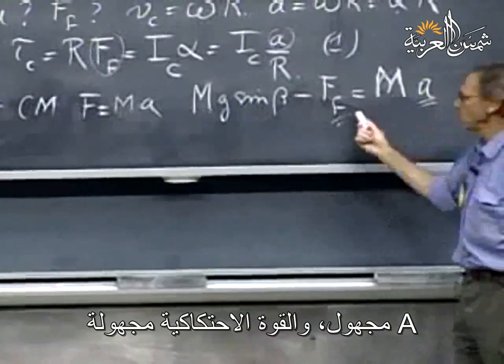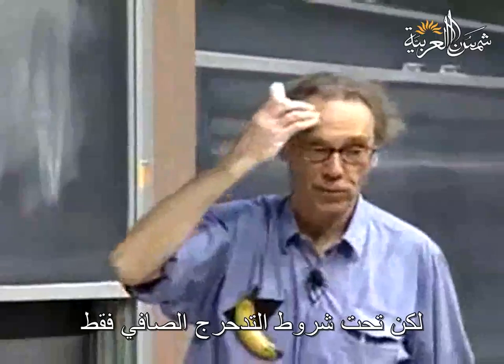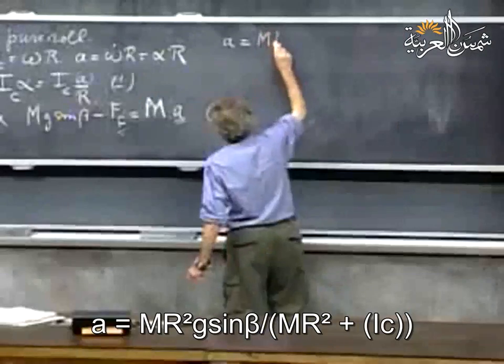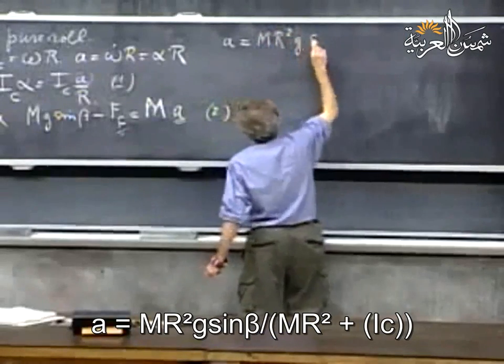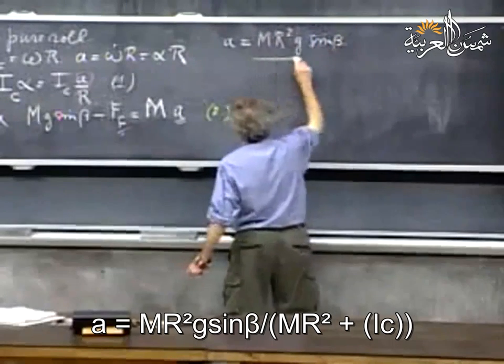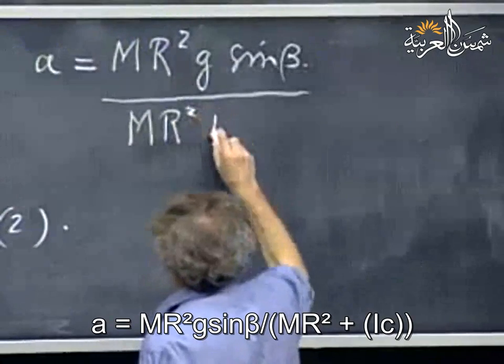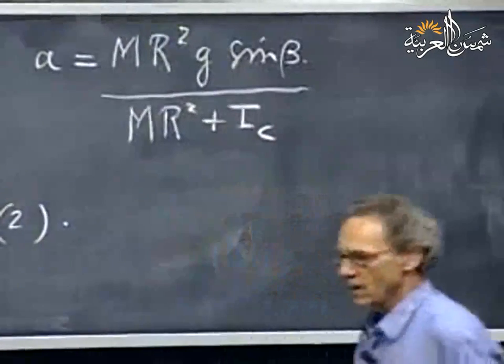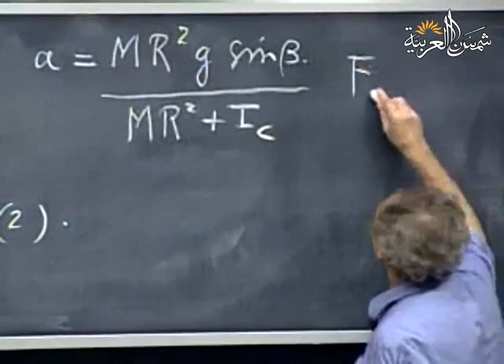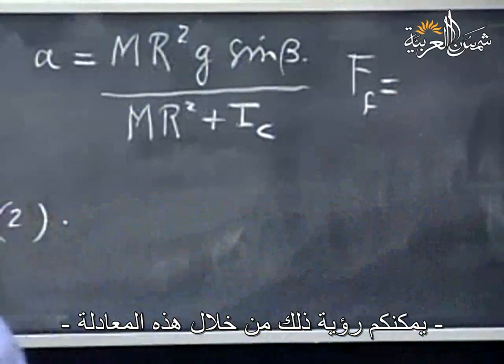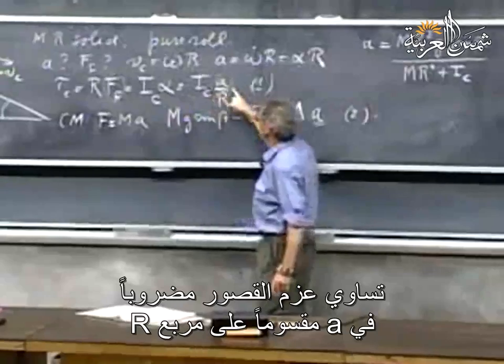My second equation. I have two equations with two unknowns, and I can solve. A is an unknown, and the frictional force is an unknown. You can do that as well as I can. I will just give you the results. I don't want to waste your time on the algebra. A, the acceleration, under the conditions of pure roll, but only under the conditions of pure roll, equals mr squared times g times the sine of beta, divided by mr squared plus the moment of inertia about that point C. And the frictional force, you can see from this equation, is the moment of inertia times a divided by r squared.